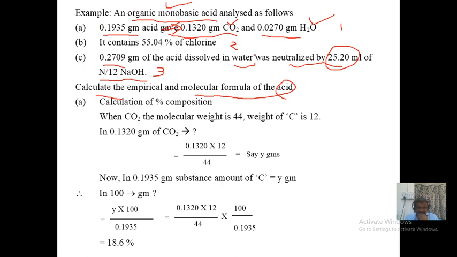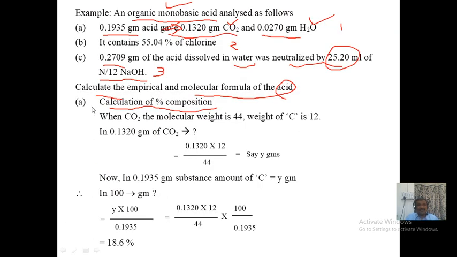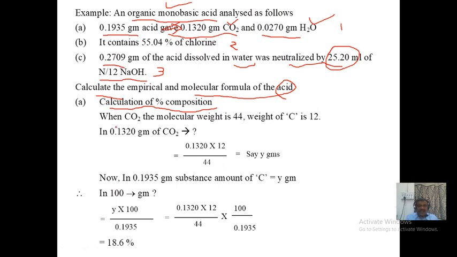Let us do that exercise first. Calculation of percentage composition of the elements based on lab 1. Be with me, friends. Now, see, carbon dioxide has the molecular weight 44.